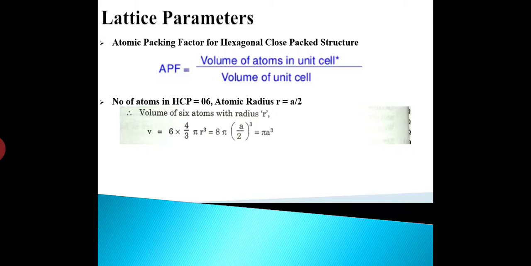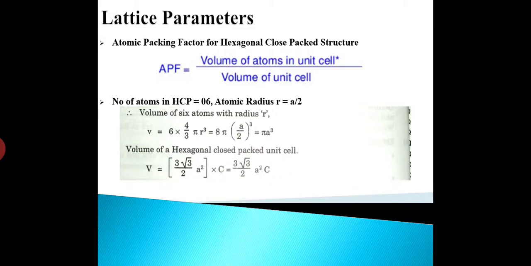Then in case of the volume of unit cell, we directly considered a cube for cubic structures, but the hexagonal structure has a changed volume of unit cell. We have calculated the volume of the unit cell for the hexagonal structure. The hexagonal volume is calculated by using triangle area multiplied by height of hexagon.